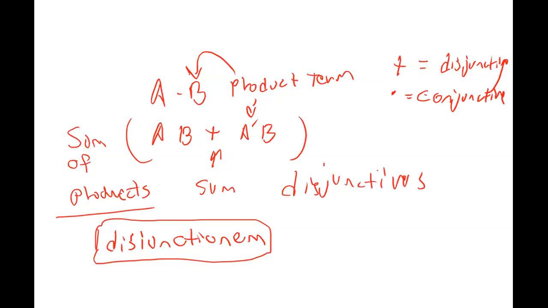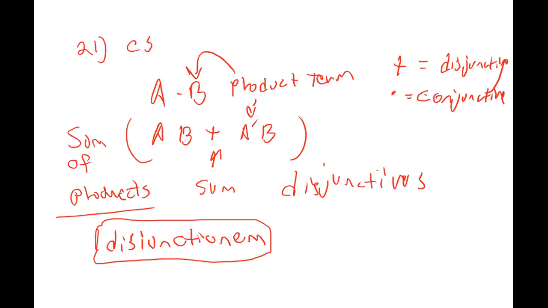And so when you're looking at the test, question 21 asks, is a canonical product of sums a disjunctive form? And the answer is yes, it is.